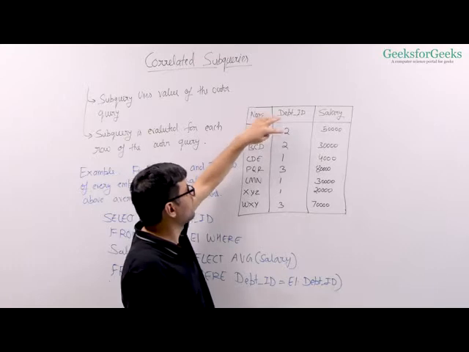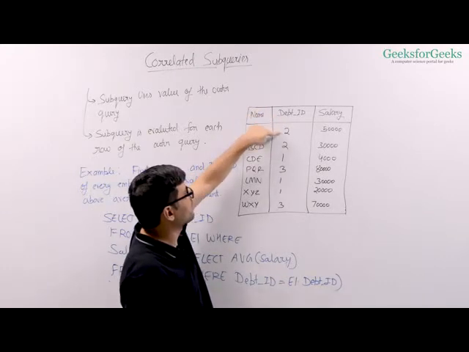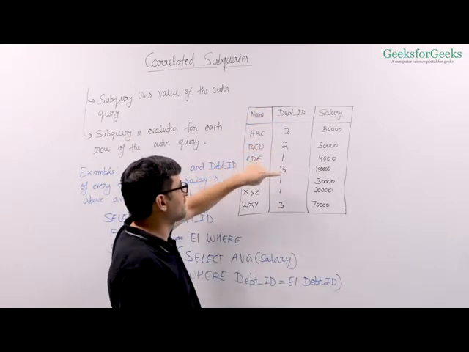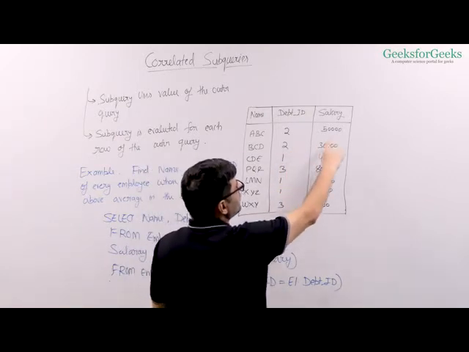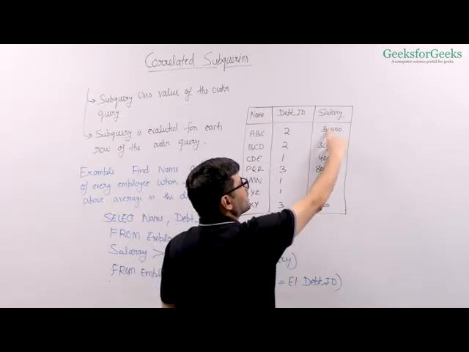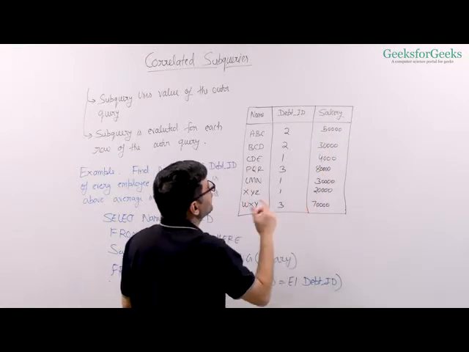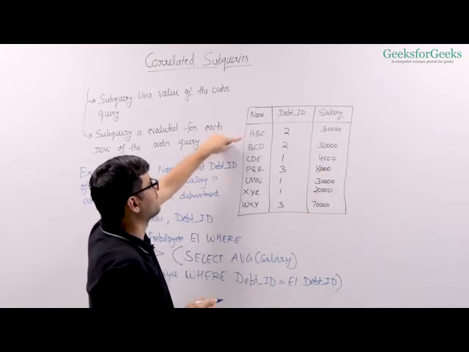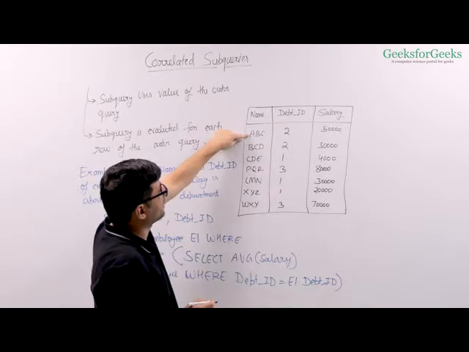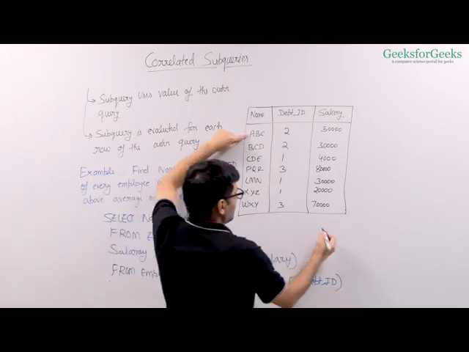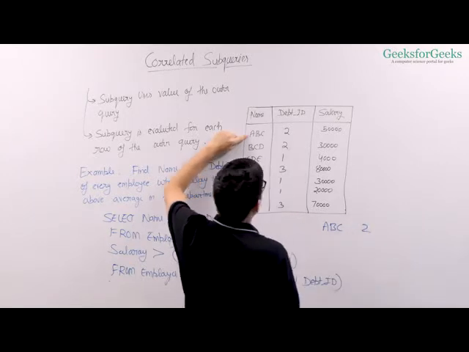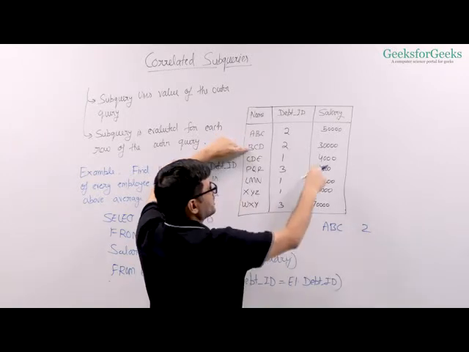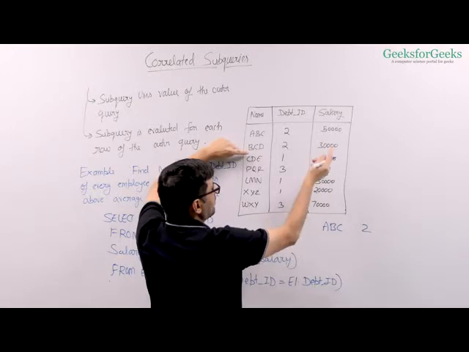If you see this table, there seem to be 3 departments: department ID 2, department ID 1 and department ID 3. What is the average of department ID 2? It is 30,000 plus 50,000 divided by 2, which is 40,000. And who is the employee who is having salary more than 40,000? ABC. So your one row will be ABC, department ID 2. This will not come because this is smaller than the average. Average is 40,000.